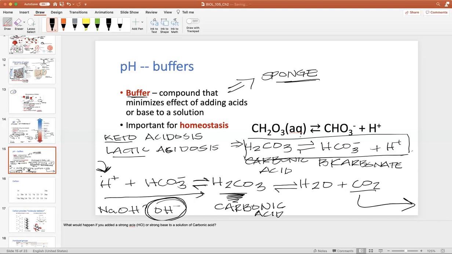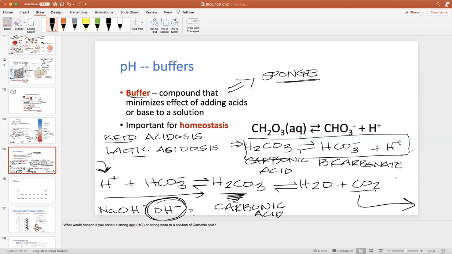I've just told you what's going to happen if you added a bunch of positive hydrogen ions. What if we do the opposite and we add a bunch of negative hydroxide ions? Can you predict what might happen in this system?